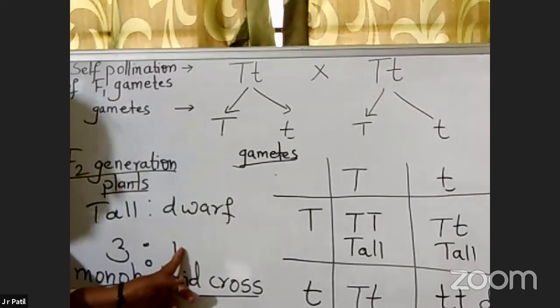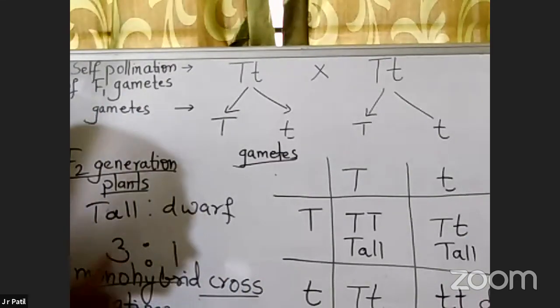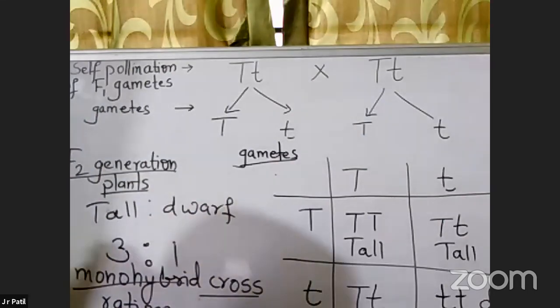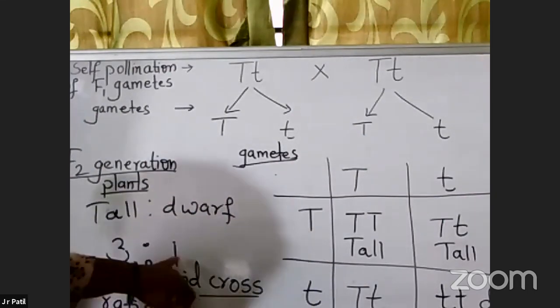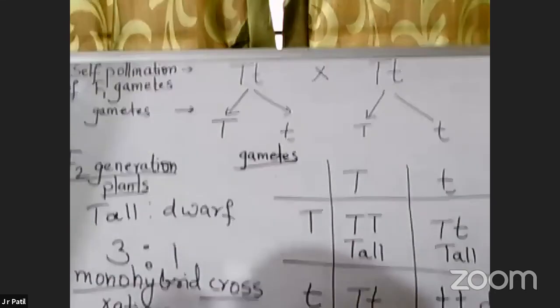Correct, 6. If 3 dwarf plants are there, take down, 9 tall plants will be present. Can you understand?